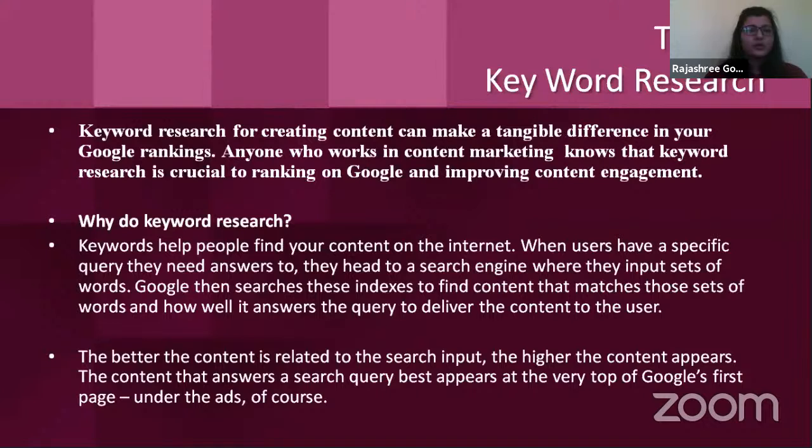The next is how to do keyword research. Keyword research is one of the important parts of SEO. It helps people find your content on the internet, and better keywords mean your traffic is also higher. When we speak about keywords, there are certain processes that you should follow, and with time certain changes also come.